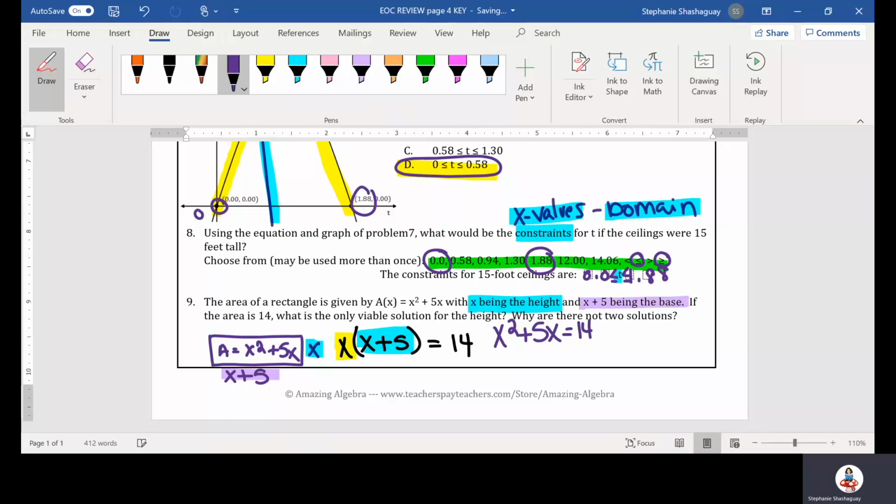And that's equal to 14. And then I need to subtract 14 from both sides. And I get x squared plus 5x minus 14 is equal to 0. Now that my function is in standard form, I can solve for my x.